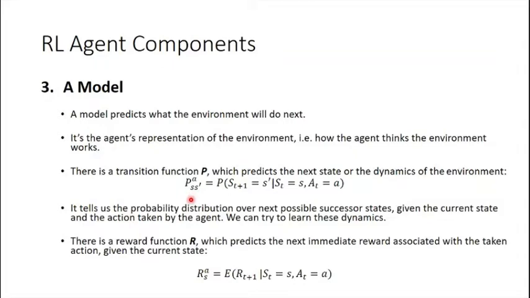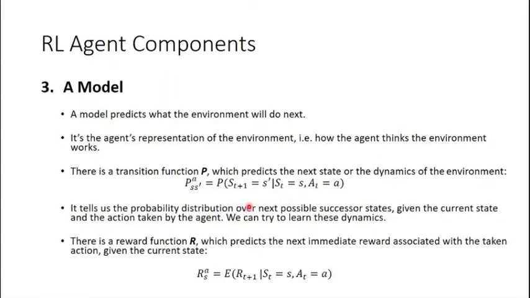That is, you have the current state, and the next state s dash is a function of the current state and the current action that is being done now.